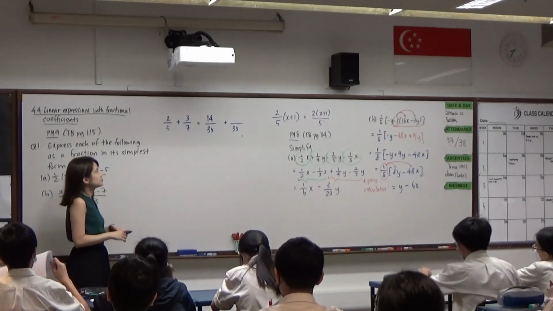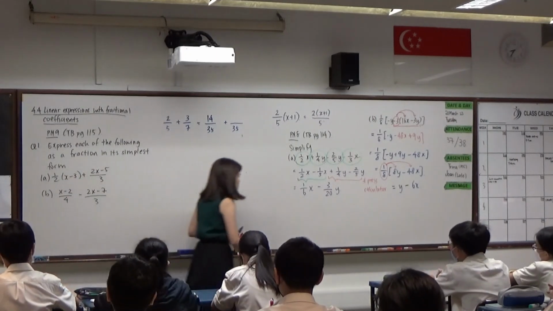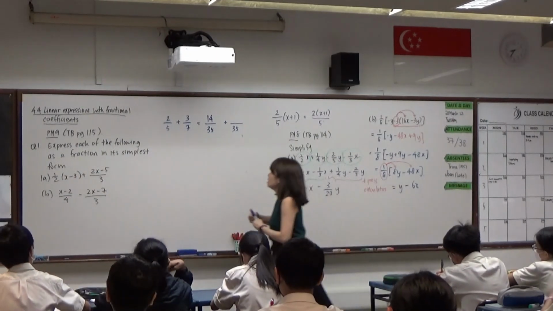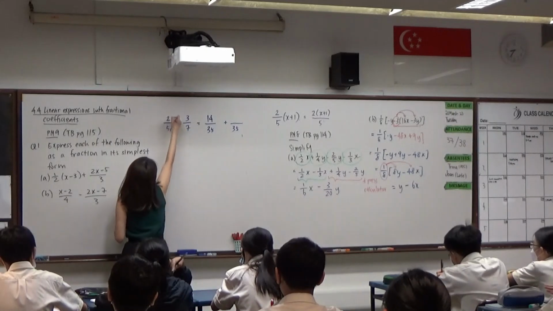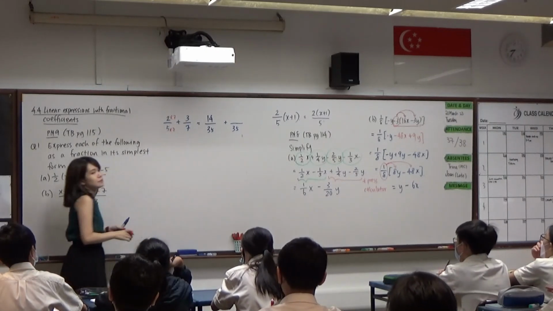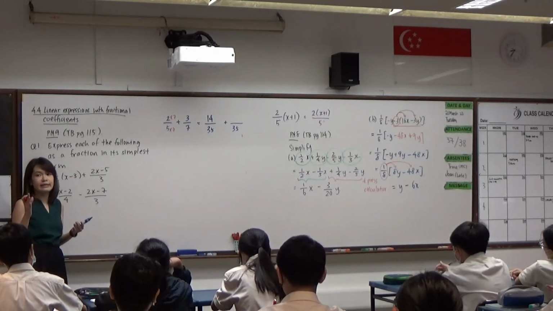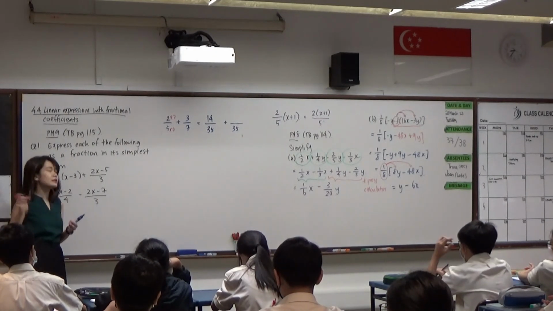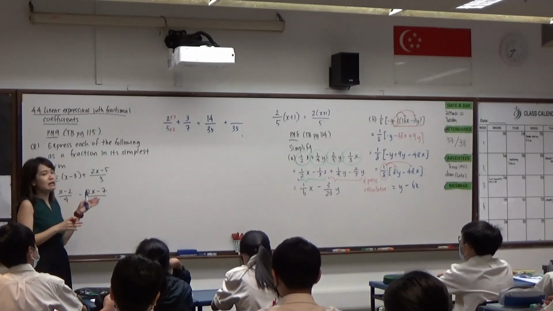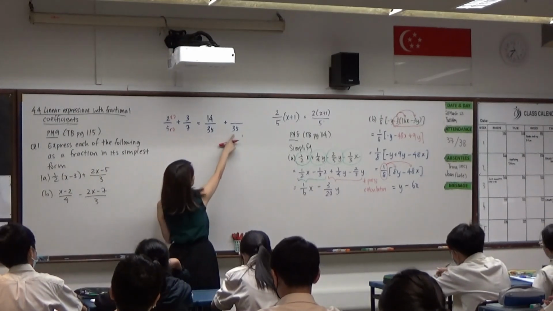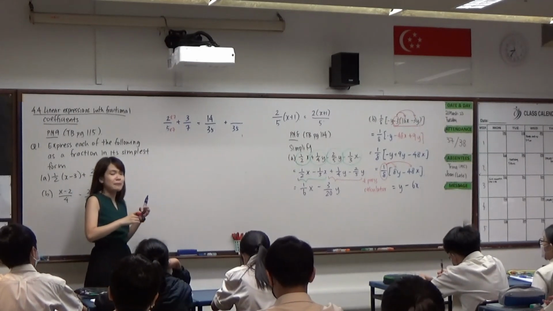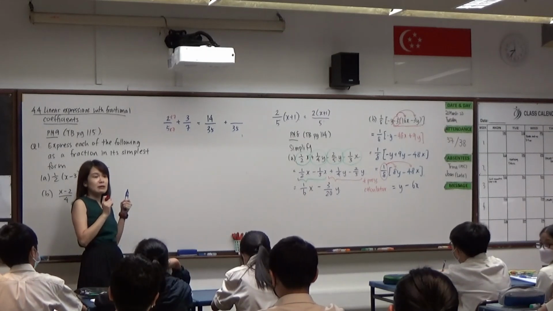So what I am trying to do here is I multiply by 7, multiply by 7. You can write it down in pencil if you're working as well. Then after that, 3 over 7 itself, in order to change the denominator into 35, I multiply by how much?